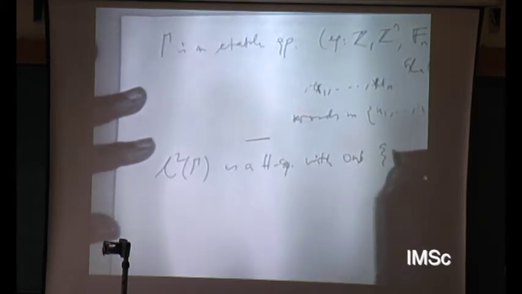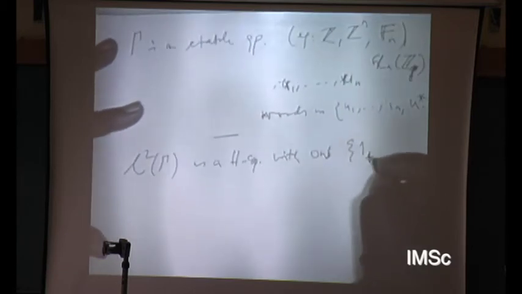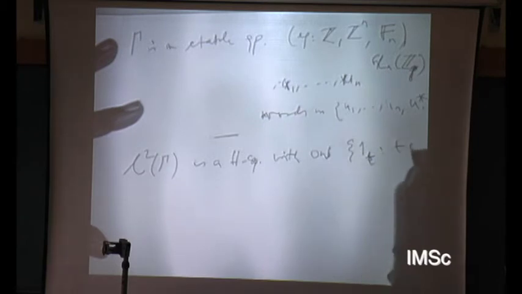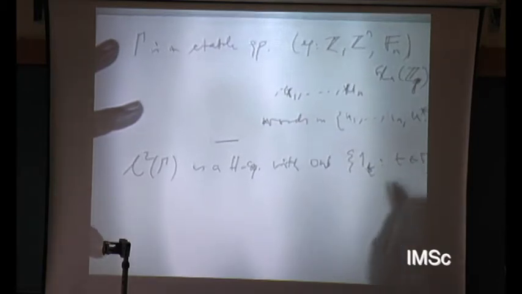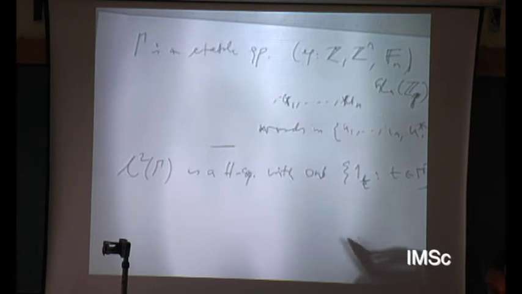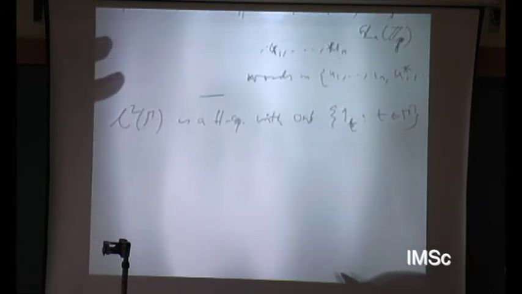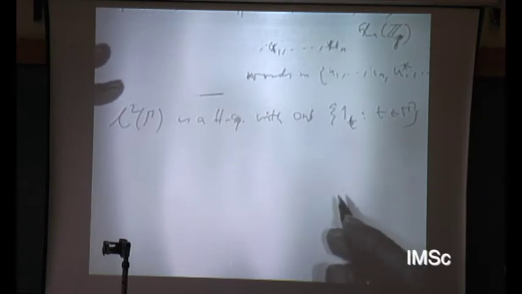I will just call it 1 sub S or 1 sub T, T in gamma. Or you think of gamma as a measure space, it is a countable set. Think of 1 sub T as the indicator function of just the point T.